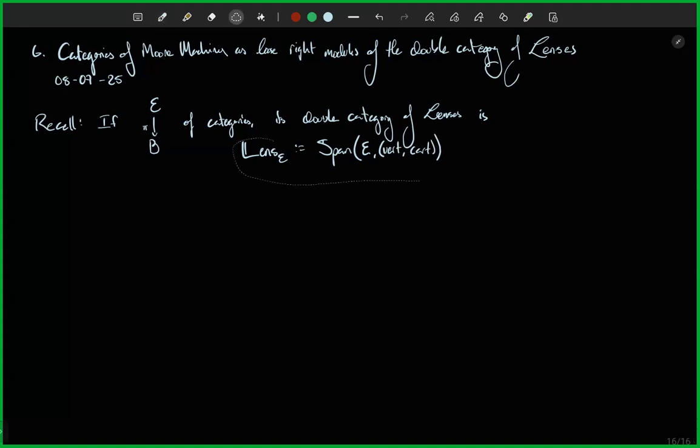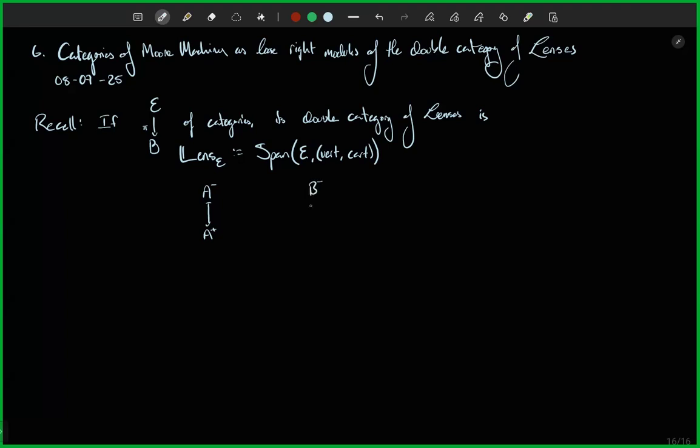So what are those? Again, an object in E is something like A minus that maps via π to A plus. So we usually write it as this pair, but that's just binding the name A plus to be π of A minus, if you want. And if I have two of these, it looks like this.